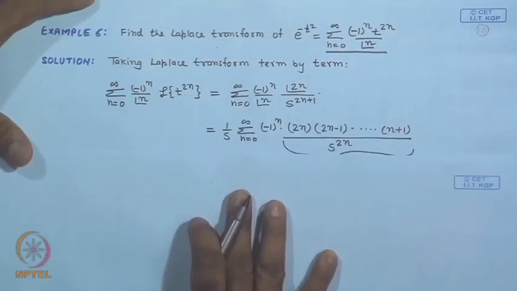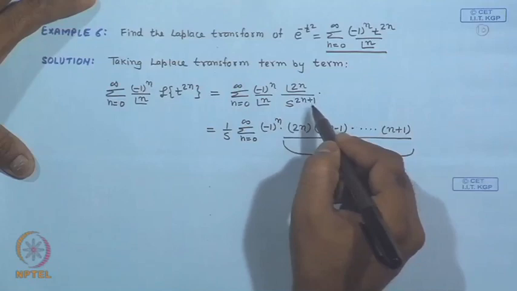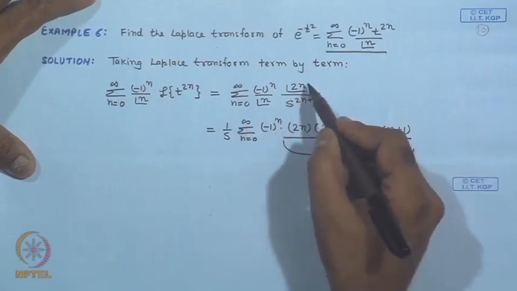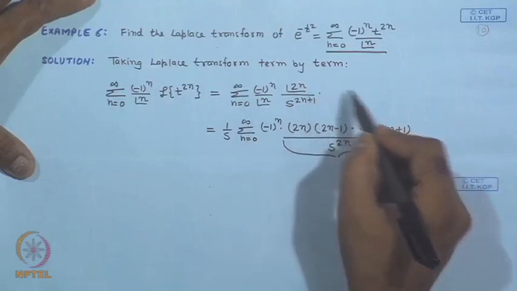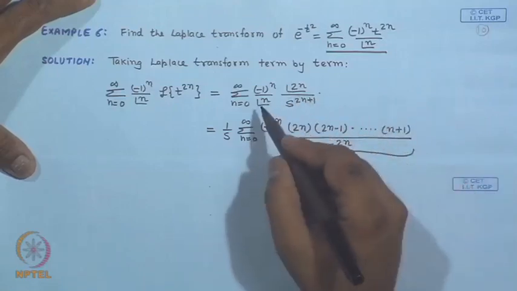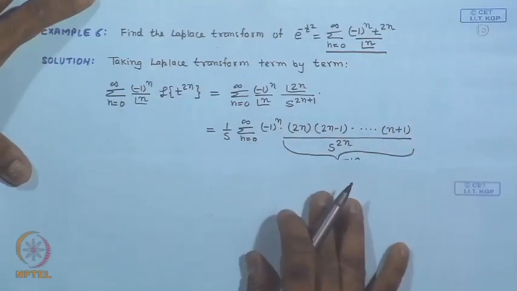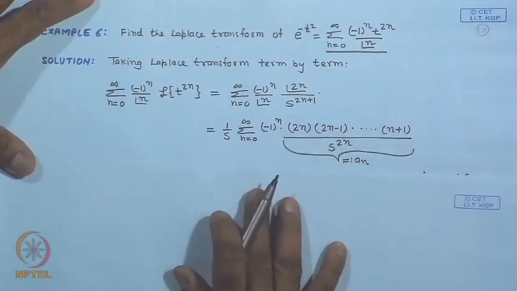Let us simplify a bit more. This is 1 over s, which we have taken out, times the sum from n = 0 to infinity of (-1)^n times (2n)(2n-1) up to (n+1), since the factorial n cancels with this factorial n. So, we have this series. Let us assume that this is A_n, an alternating series.